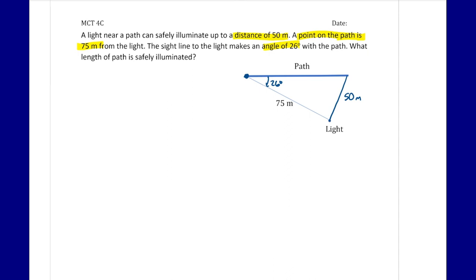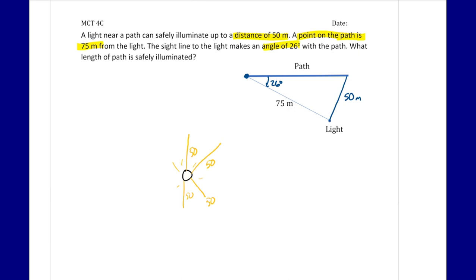So if we think about it, and I'm just going to do a quick drawing here. Or if we think overhead, if this is my light, when it emits the light, it's only reaching out 50 meters. Right? So it's not going to touch everything along that path. The distance from the one end is 75 meters.